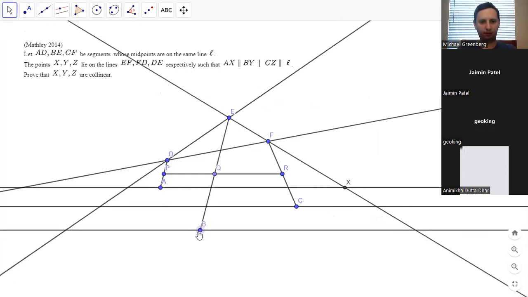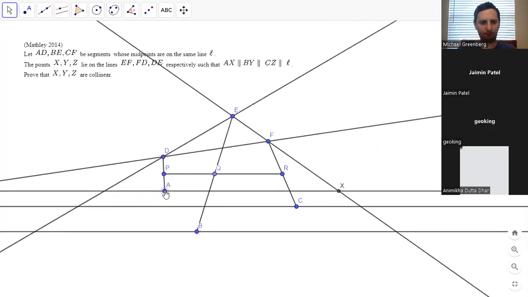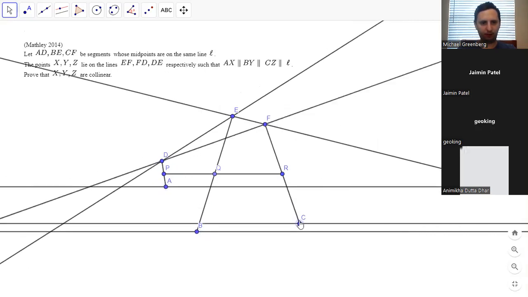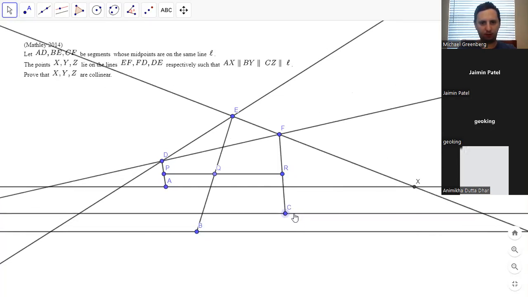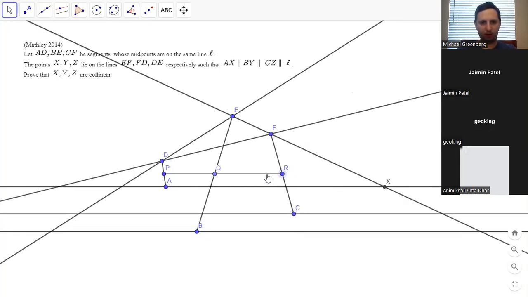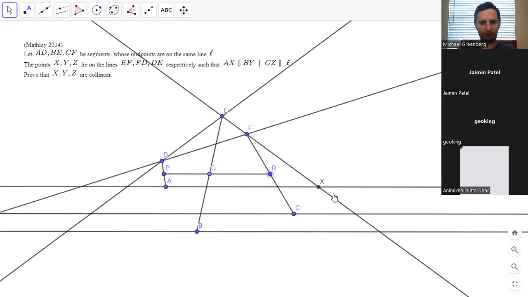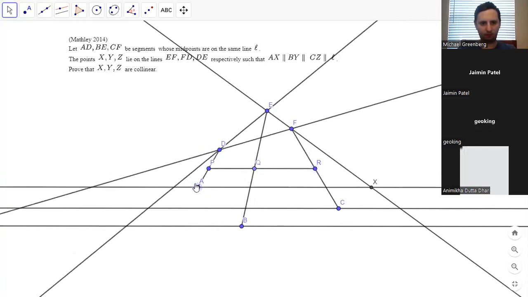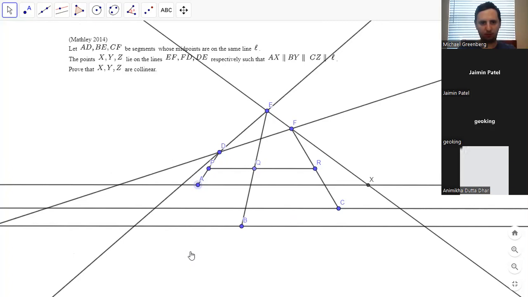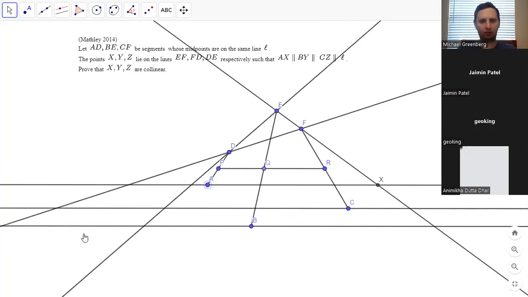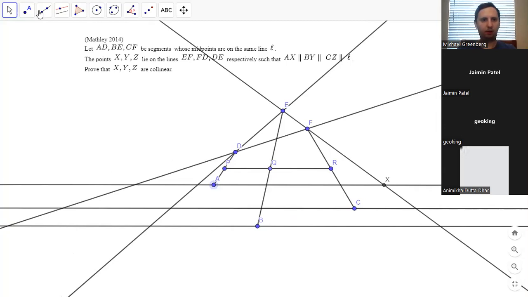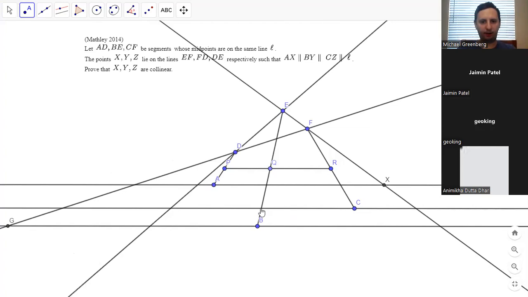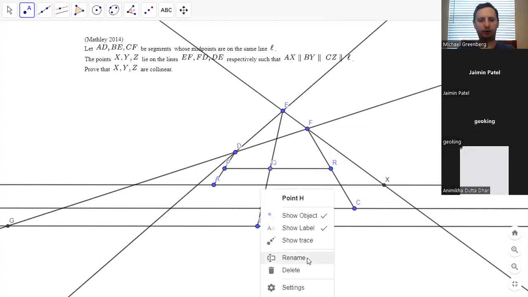All right, yeah, I think if I do this, that's maybe a little bit better. I think that's X, and then this is Y, and then this is Z. And I need to show that X, Y, and Z are collinear.